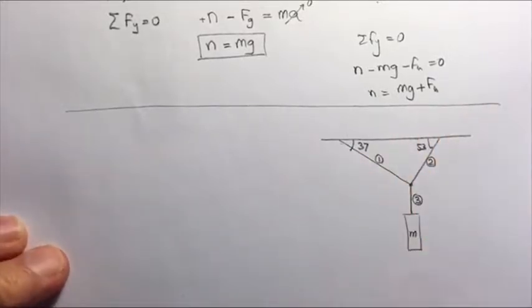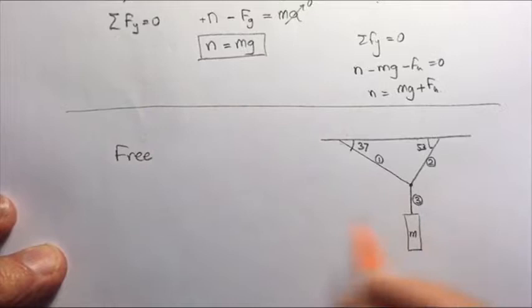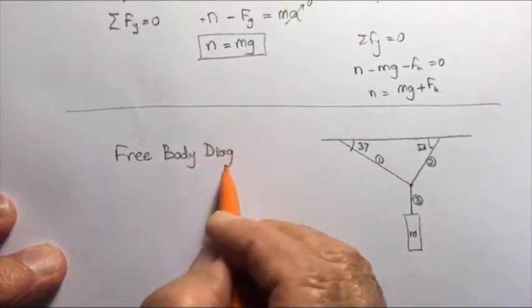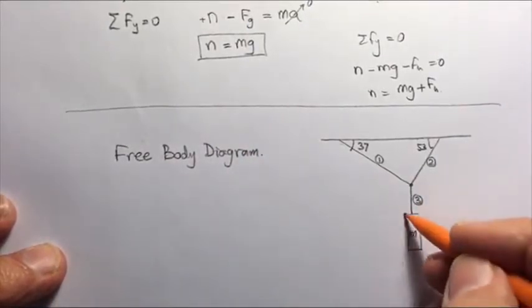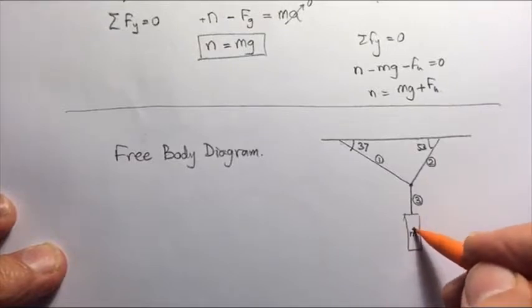So now the first thing we need to do here is make a free-body diagram. A free-body diagram is a diagram that shows all the forces. This is a rather important thing to do in these problems. Normally, we consider objects to be point masses, so the whole mass of this object is concentrated in the center, which is called the center of mass.